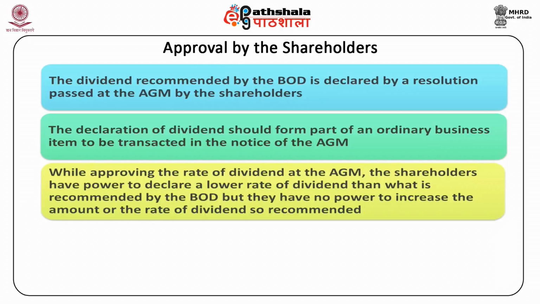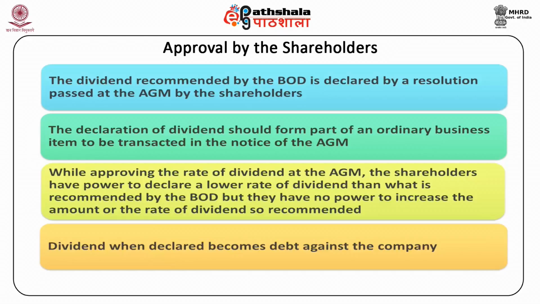While approving the rate of dividend at the annual general meeting, the shareholders have power to declare a lower rate of dividend than what is recommended by the board, but they have no power to increase the amount or the rate of dividend so recommended. Dividend, when declared, becomes debt against the company.